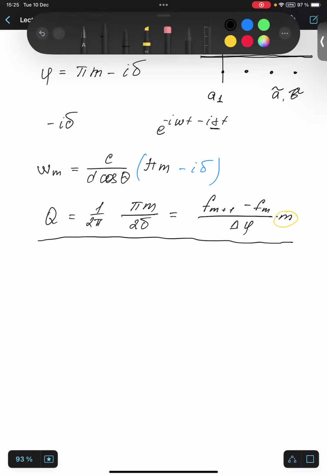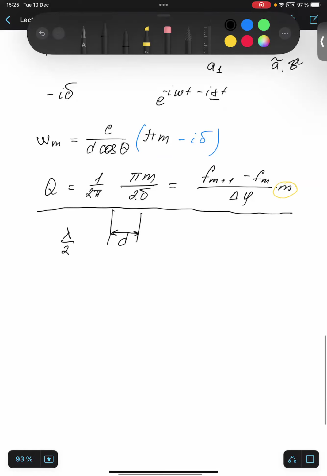And when we have lower wavelengths, we will have more lambda over 2 in our structure, in our resonator. So in this case, we have more half wavelengths in the length of the resonator. That's why the quality factor grows.